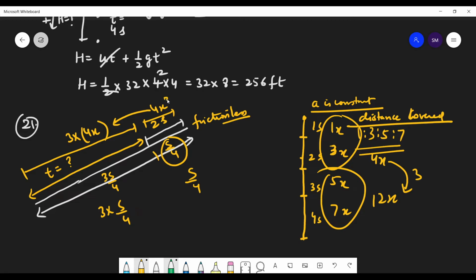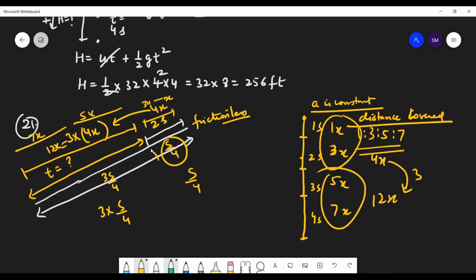भाई फर्स्ट सेकंड में आपने x ट्रेवल किया, नेक्स्ट सेकंड में 3x ट्रेवल किया, नेक्स्ट सेकंड में आपने 5x ट्रेवल किया, नेक्स्ट सेकंड में आपने 7x ट्रेवल किया. यही तो है आपका.